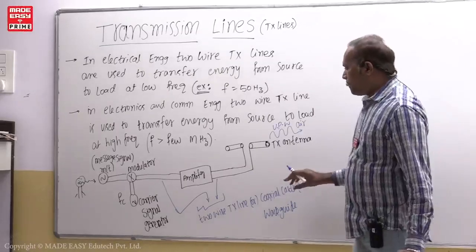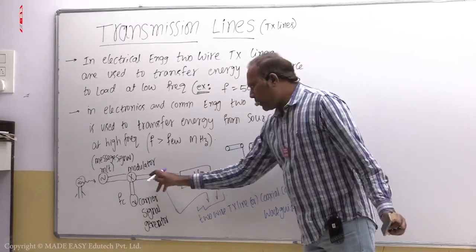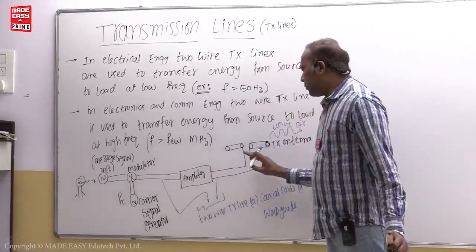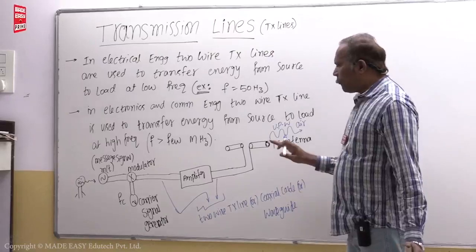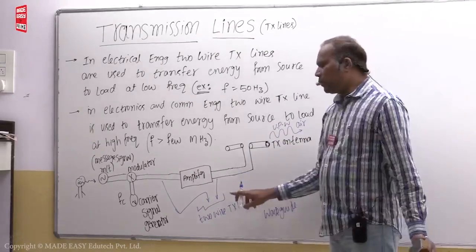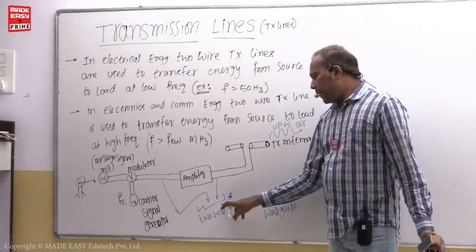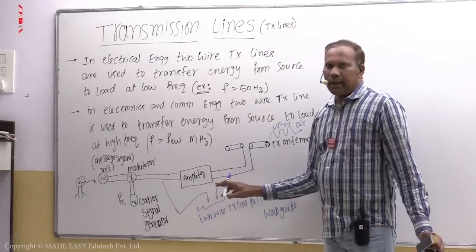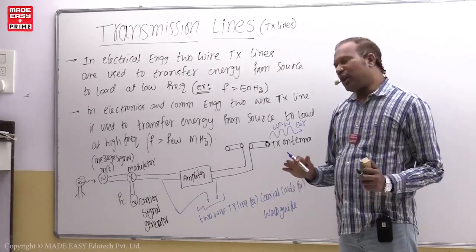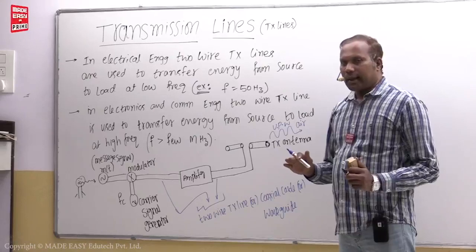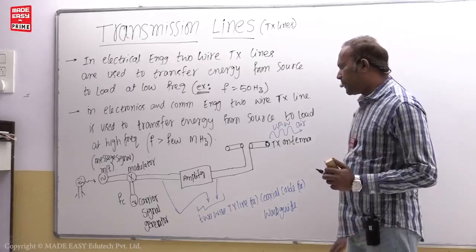Actually here the high frequency signal is passing through the two conductors from one location to other location. If frequency is very high, we will send through coaxial cable. Further very high frequency, gigahertz frequency, we use waveguide. Because if frequency is very high, signal comes out of the conductor, and that is why in the waveguide the signal is transferred from one location to other location not through the conductor, but between the conductors. Anyway, we will discuss all those things.